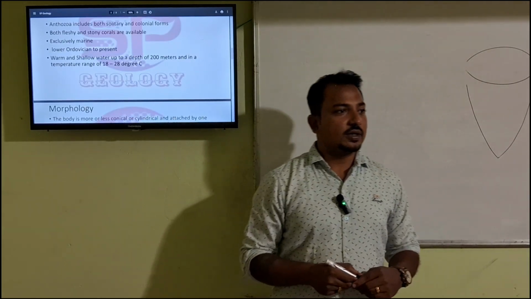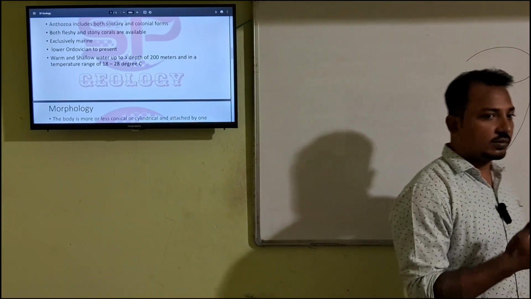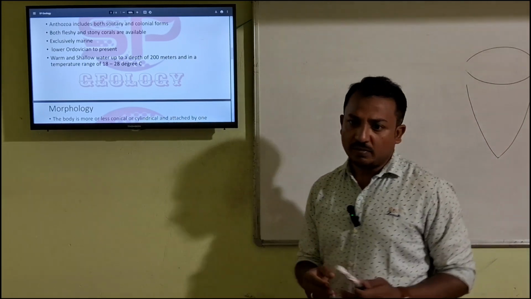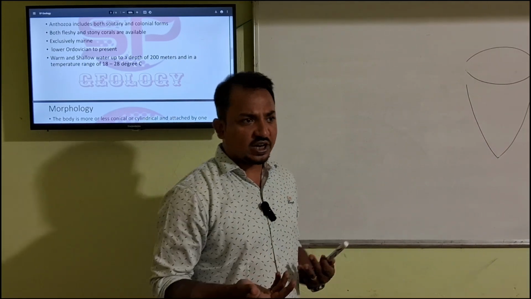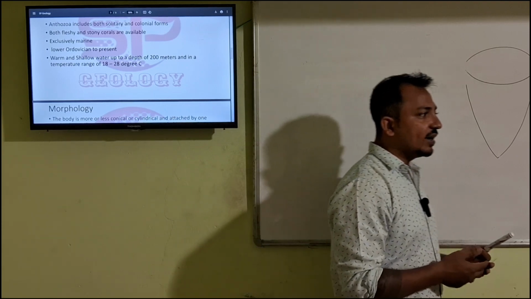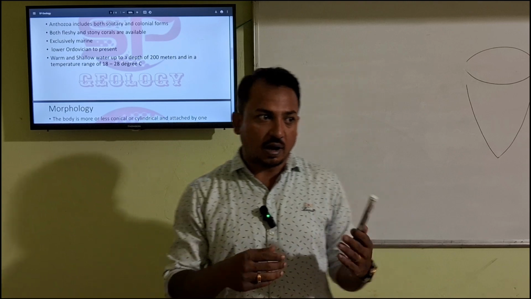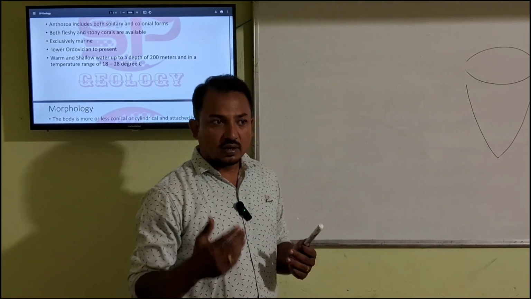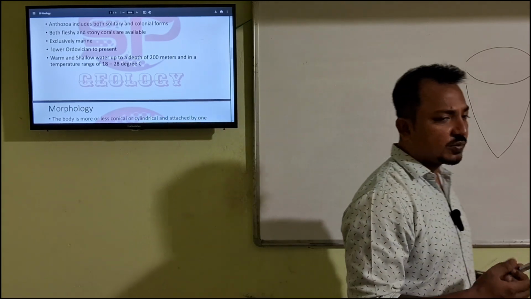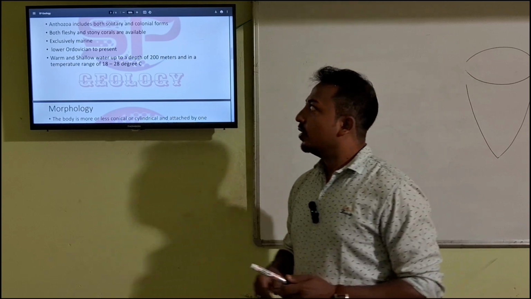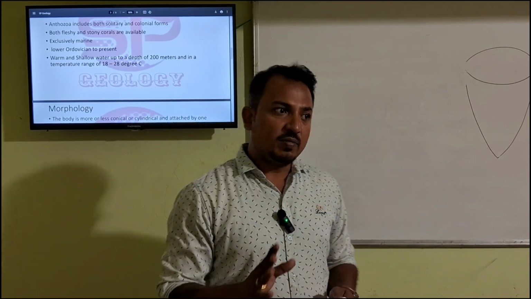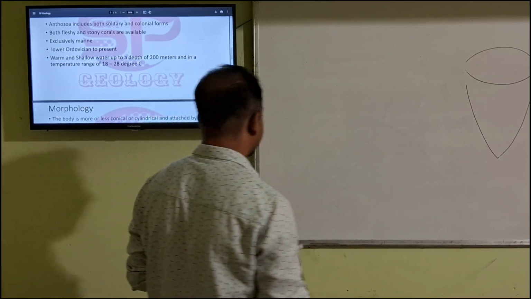Anthozoa includes both skeletal organisms and organisms that don't have a skeleton. You also find it in solitary form and in colonial form. Like Graptozoa, it produces colonies. Anthozoa also produce coral colonies. So you will find both fleshy form and skeletal form.